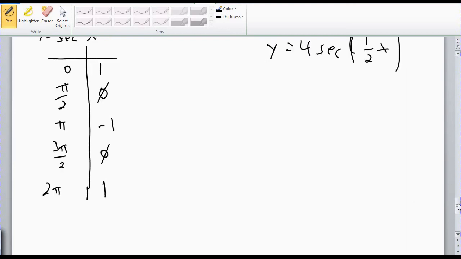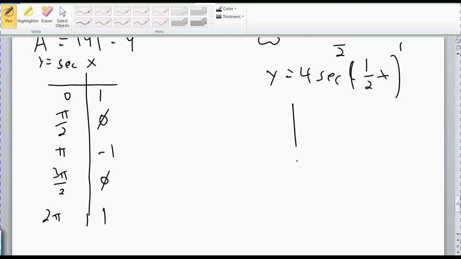Now, to do this, we need our x and y points once again. To find those, for the x's, notice what I said about the 1/2. It's going to stretch it horizontally by a factor of, not the number, but its reciprocal.